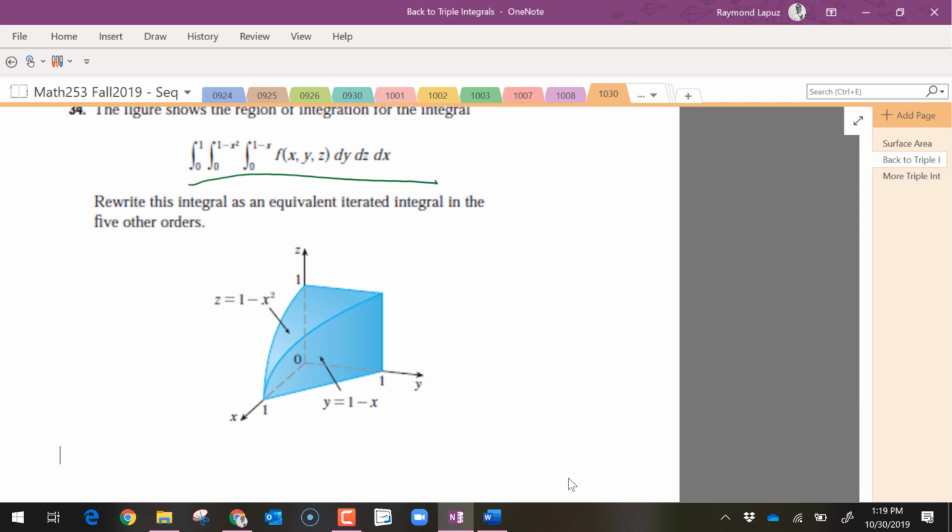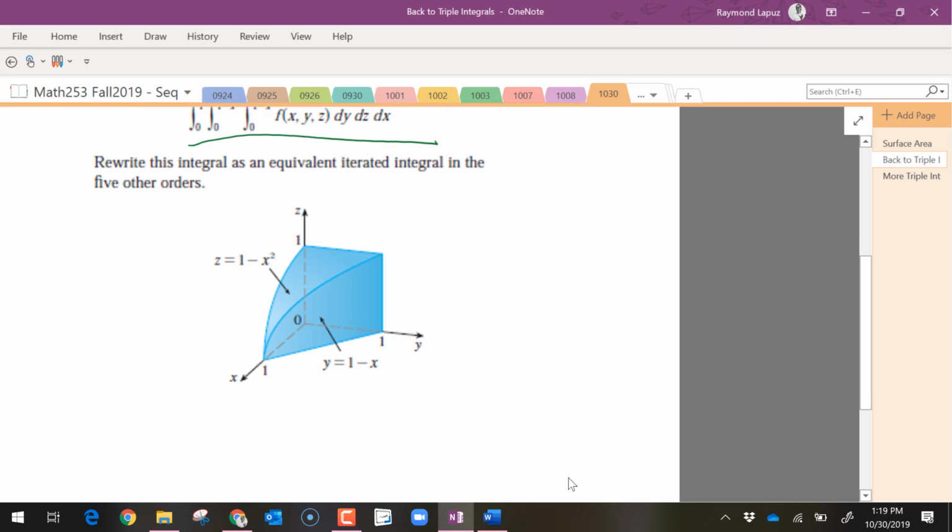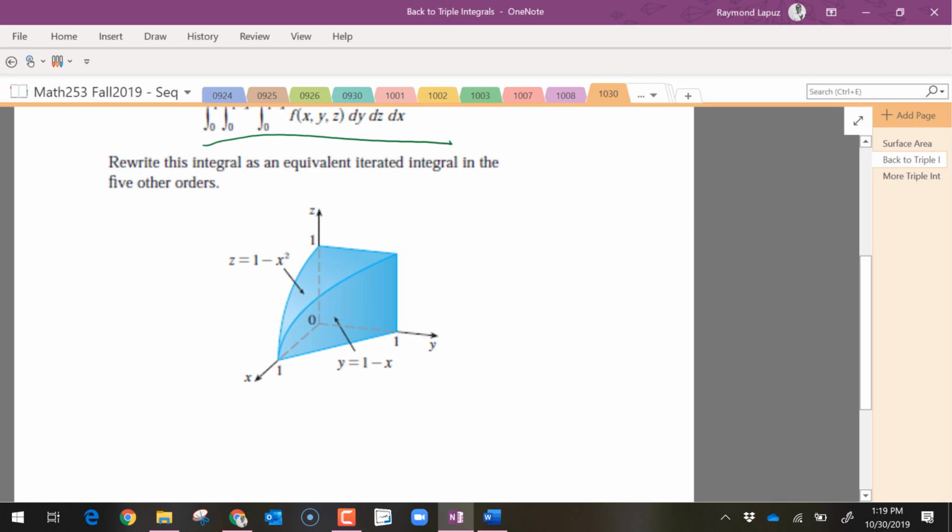So let's keep that in mind when we're integrating. Let's integrate this in the different orders. So this is dy dz dx. Let's do dx dy dz. Let's just go in order, run along and see how far we can get.